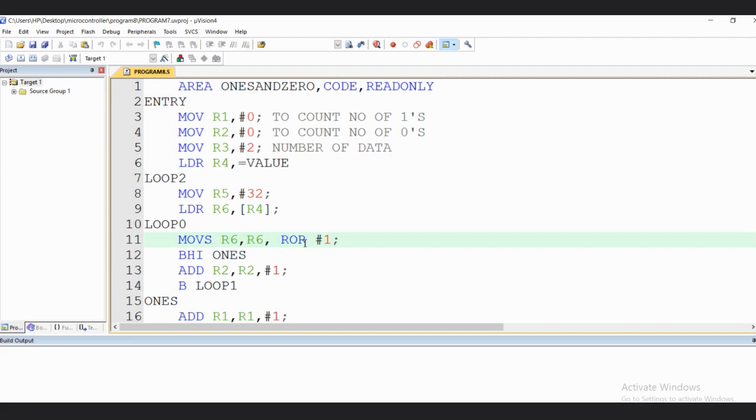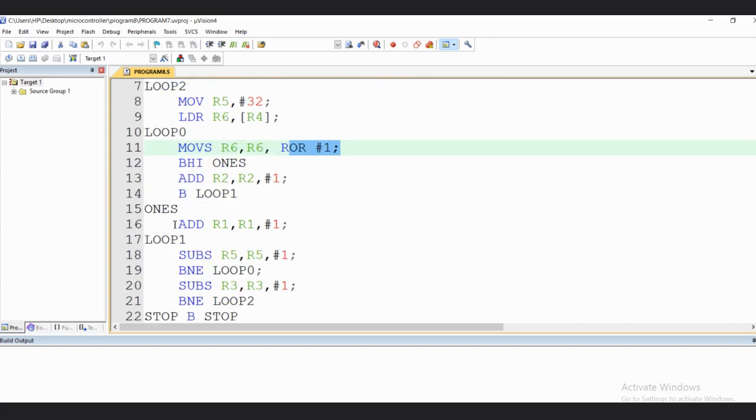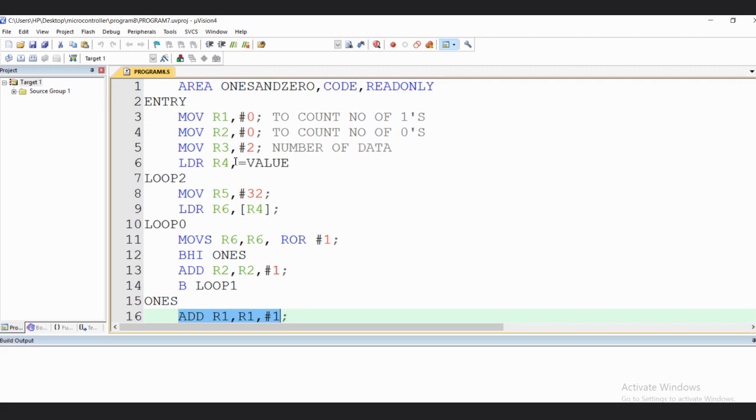Then R3 is rotated 1 bit and the same value will be stored in R3. If after rotation the carry flag is high, that means the carry flag is 1, then it will go to this loop where the count of ones will be incremented by 1.